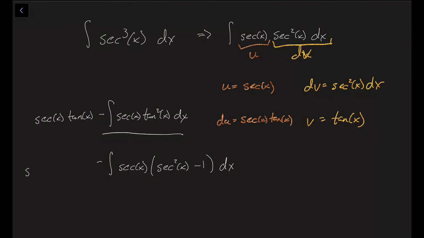Okay, and we'll just bring secant tangent down. Now, let's distribute our secant. So we have secant x tangent of x minus the integral of secant cubed of x minus secant of x dx.